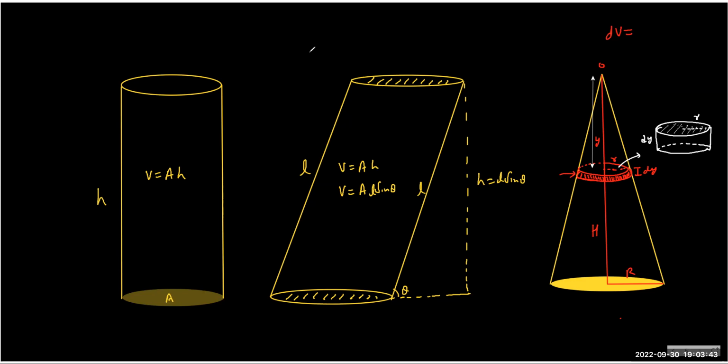So dy. The only variable that can be used, that can be solved, is the y variable. But we do have r. So what is the logical step to go further? What must we do to make this integration possible?